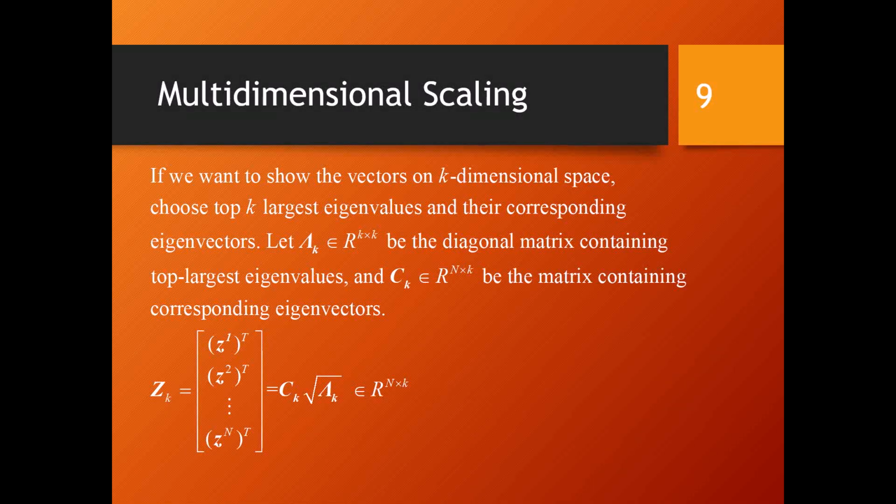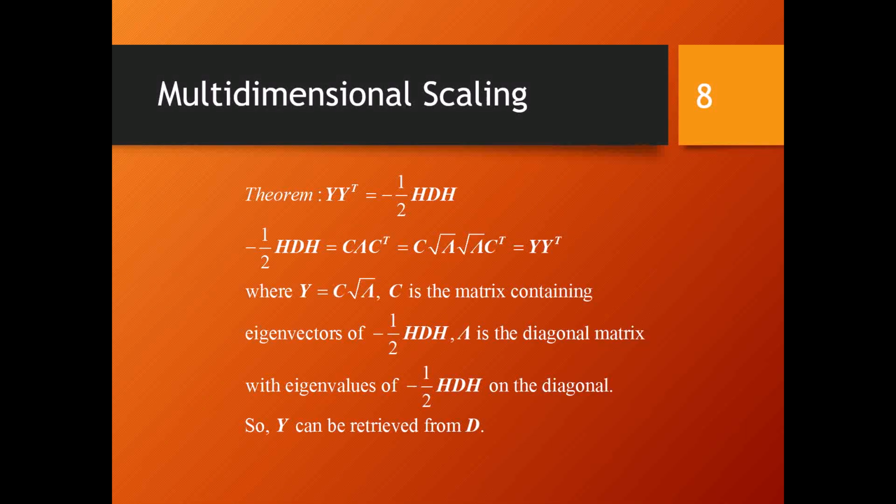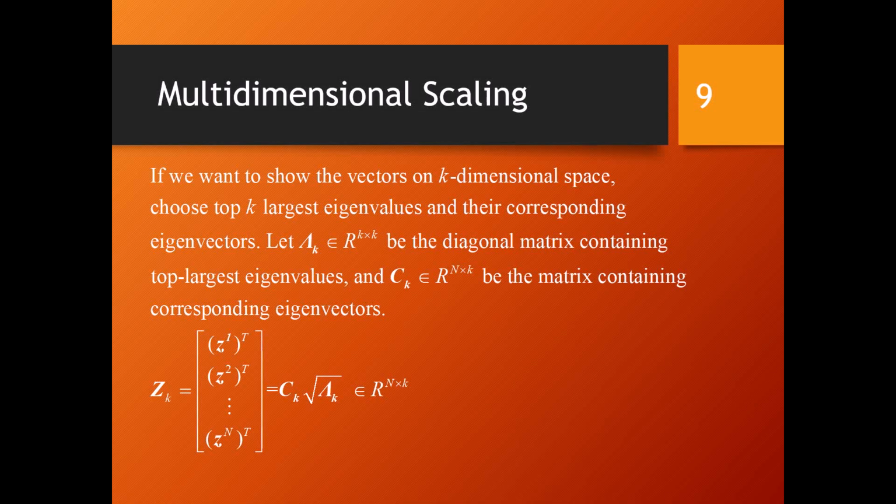So Zk is this. By doing this, it's not that complicated. You just need to calculate this and this of this matrix. That's it, all right? So this is MDS.